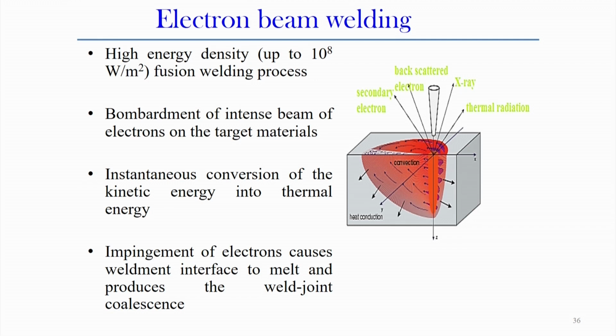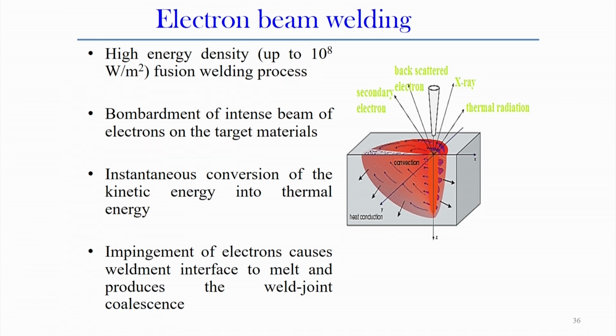On the workpiece, the kinetic energy of the electrons is converted to heat energy, and that thermal energy creates the weld pool, and of course, here also formation of the keyhole happens.